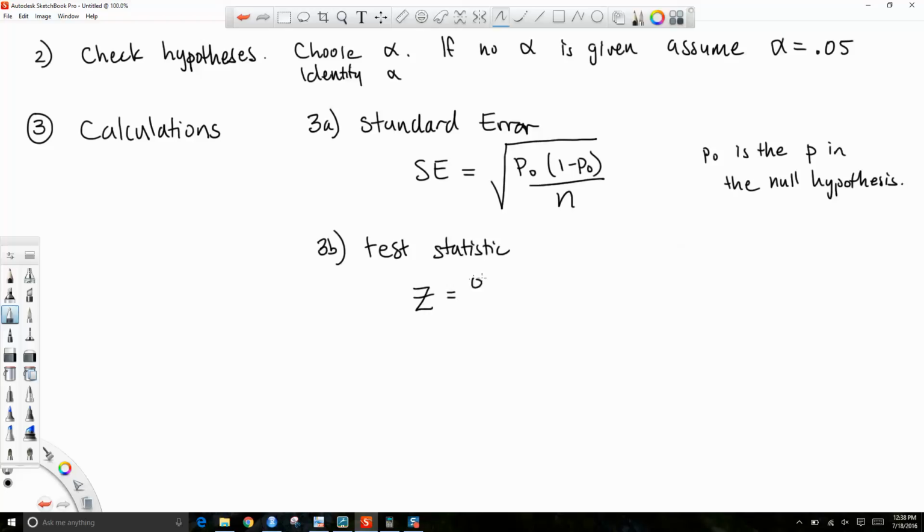This is the difference between what we observed minus what we expected divided by the standard error. So in this case, we observe a p hat, we subtract the p0 in our null hypothesis, because that's what we expect if the null hypothesis is true, and we divide by the standard error from the previous step.